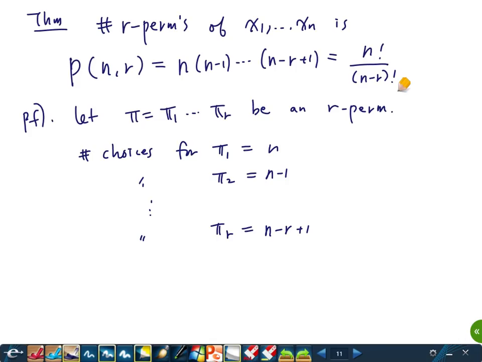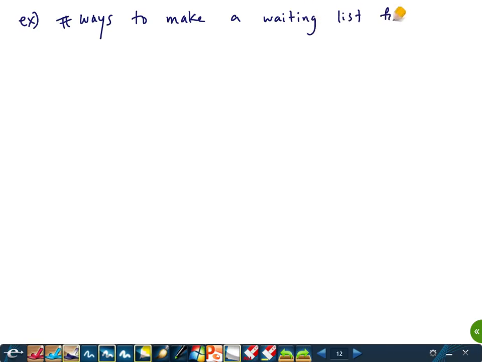Okay? So, yeah, this is simple. So, shall we see an example? The number of ways to make a waiting list for 3 men and 8 women, such that no 2 men are adjacent.